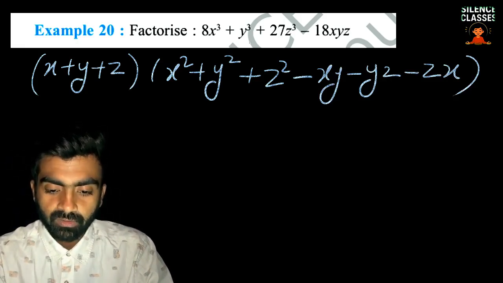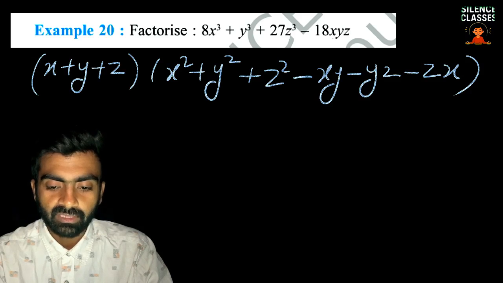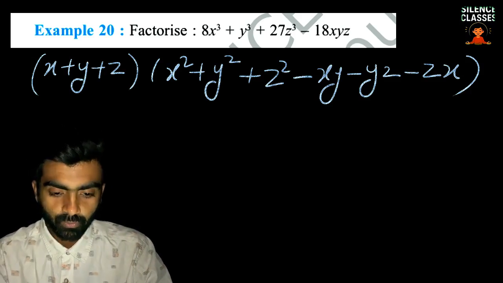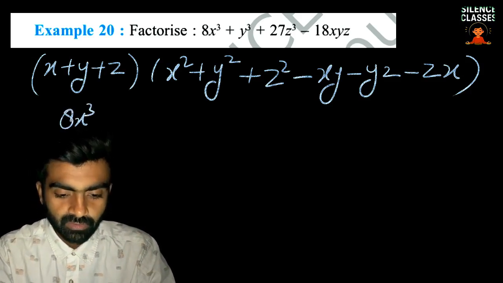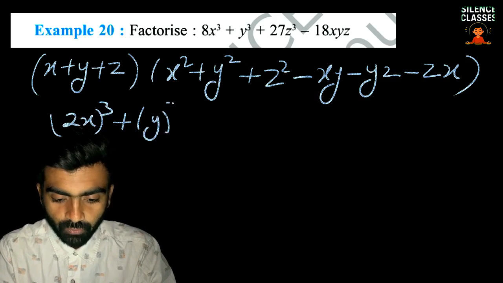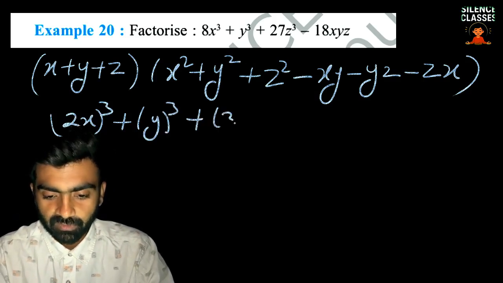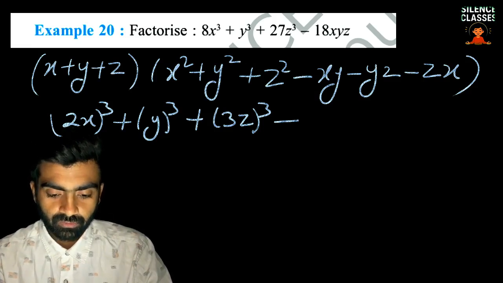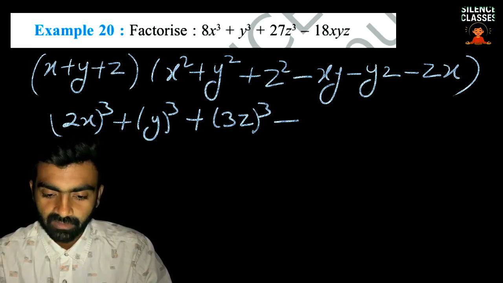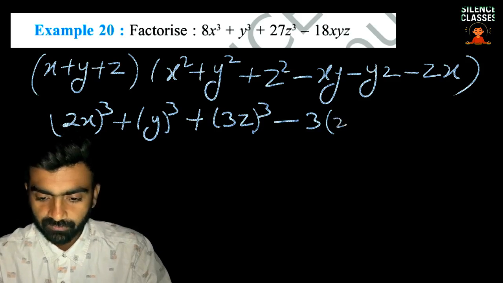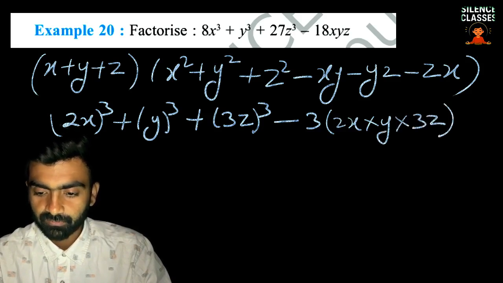8x cube plus y cube plus 27z cube minus 18xyz, we have to first of all put in the equation form. So we know 8x cube can be written in the form of 2 multiplied by 2 multiplied by 2, means 2x whole cube, plus y cube, plus 3 times 3 is 9 and 3 times 9 is 27, means 3z whole cube, minus 3 times 2x, y and 3z.